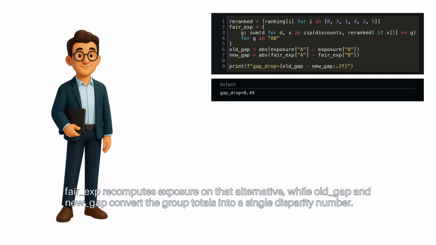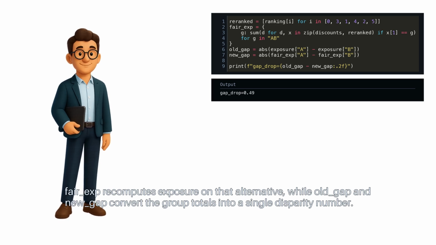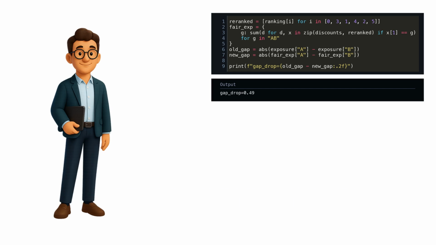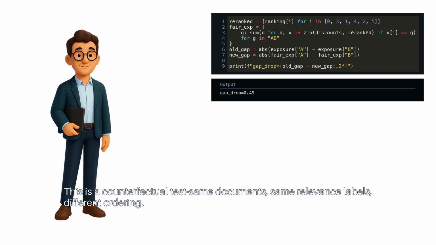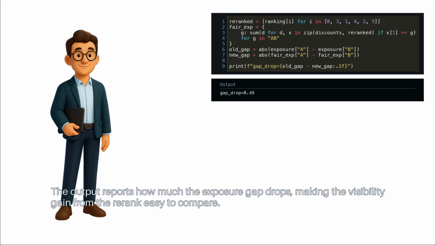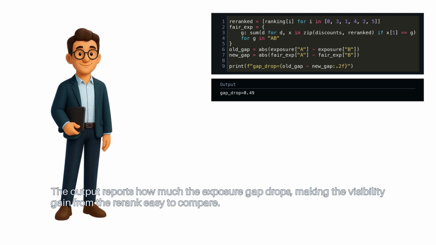Fair X recomputes exposure on that alternative, while old gap and new gap convert the group totals into a single disparity number. This is a counterfactual test. Same documents, same relevance labels, different ordering. The output reports how much the exposure gap drops, making the visibility gain from the re-rank easy to compare.